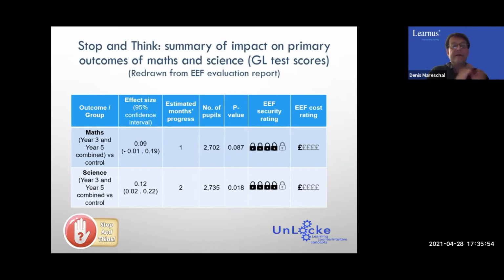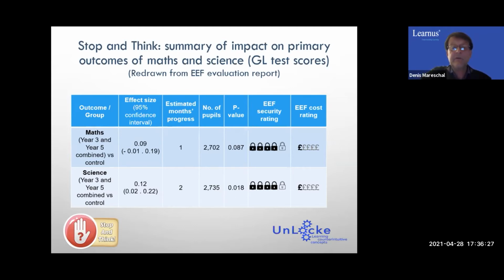If you take all the year 3 and year 5 children, which is about 2,700 children, what we find is that they have an improvement relative to the controls of approximately 1 month's additional progress, with an effect size of 0.09 for those that are interested. This improvement is not quite statistically significant. The magic number is 0.05: the likelihood that this is due to chance has to be less than 5%. So it wasn't quite significant for the math improvement.